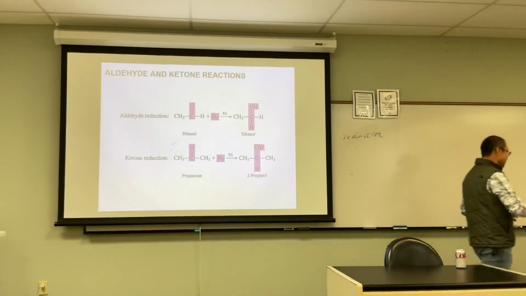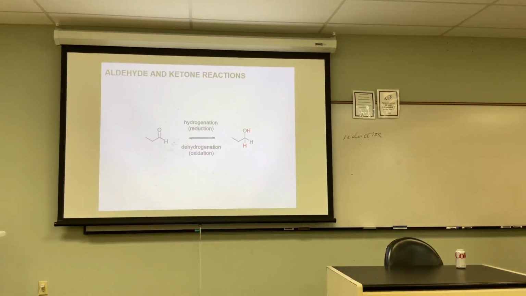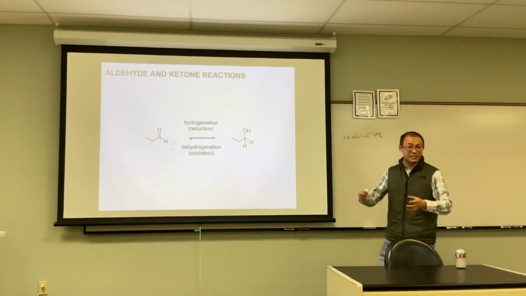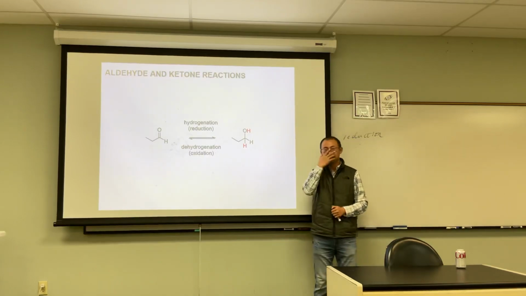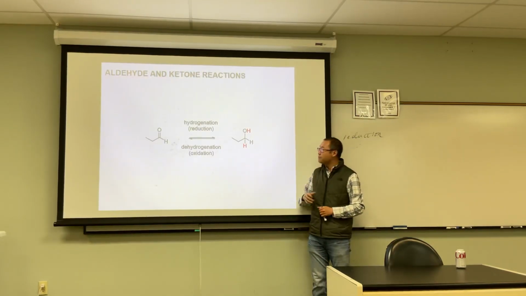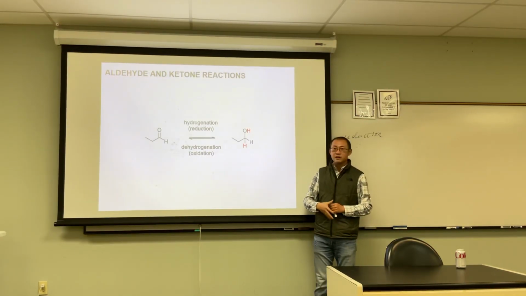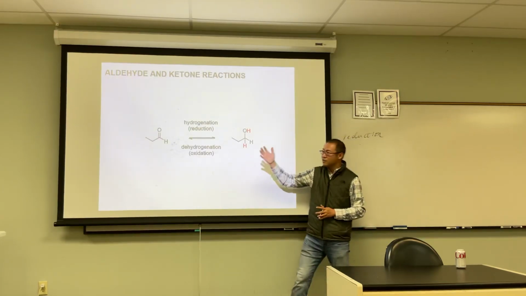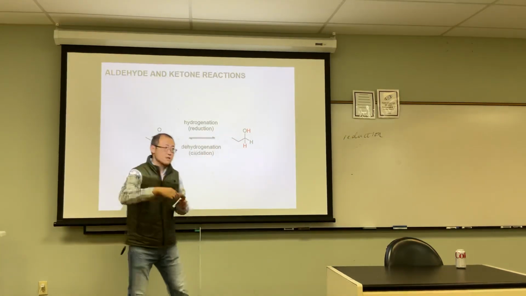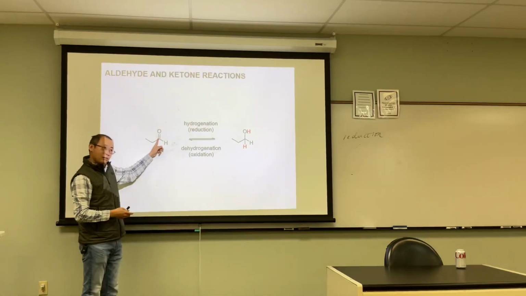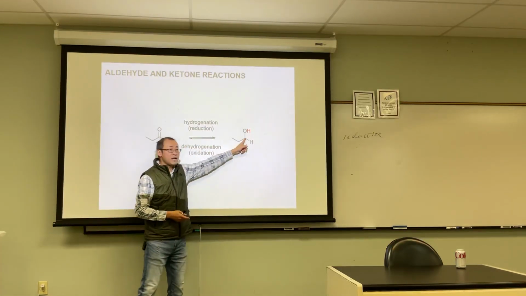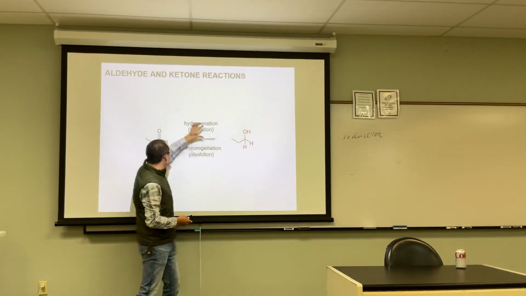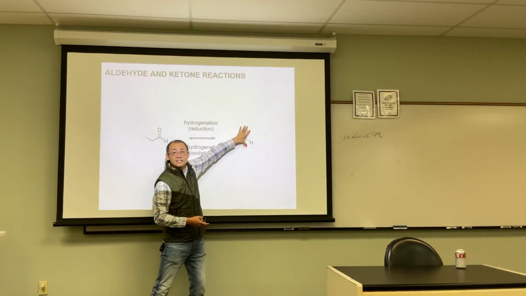Okay, now, I don't know if you guys noticed that already. In this chapter we just studied, the C=O double bond can be converted to a single bond by adding two hydrogens. Is that right?